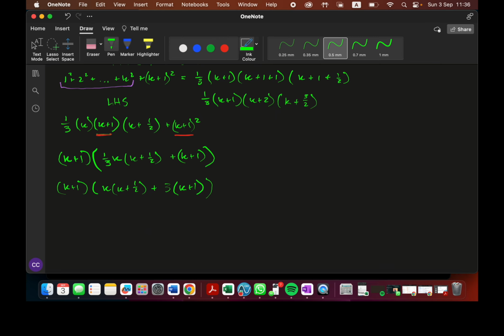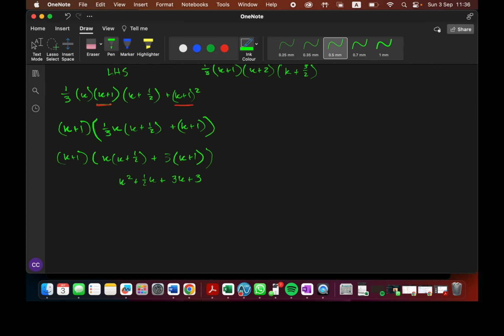If I were to multiply, I'd get 3k plus 3, and I would get k squared plus 1/2 k. I'm going to combine these, but before I do, so long as I do it to everything, I hate fractions.